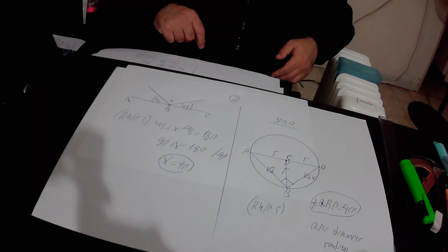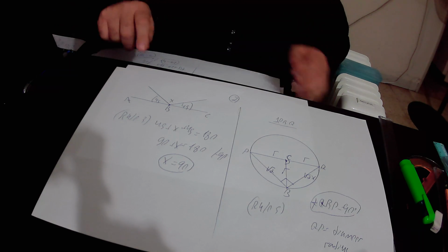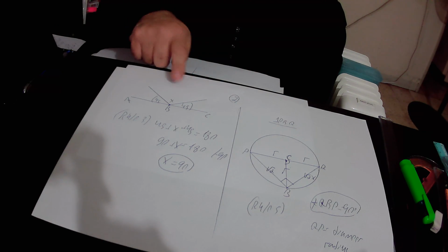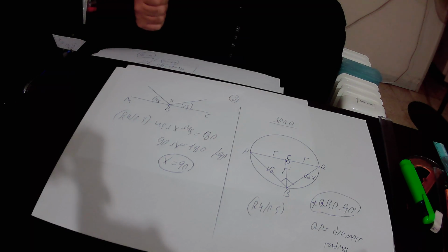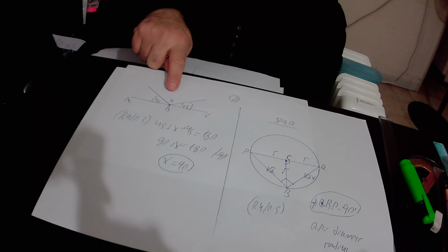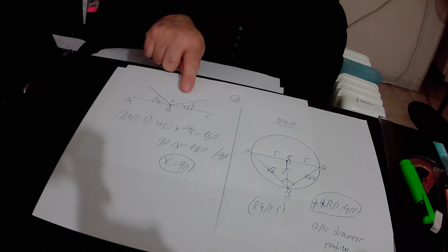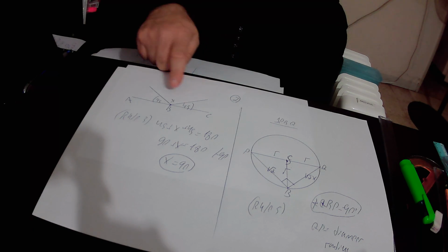According to rule number 3, the sum of the angles on the upper side of the straight line AC at point B must be equal to 180 degrees. So which angles do we have at the upper side of AC at point B? We have this angle that is equal to 90 degrees, plus the missing angle that we define as x, plus this angle that is equal to 45 degrees. In total, the sum of those three angles must be equal to 180 degrees according to rule number 3.